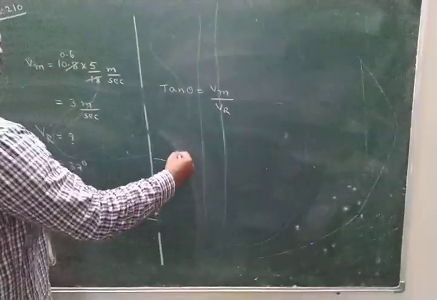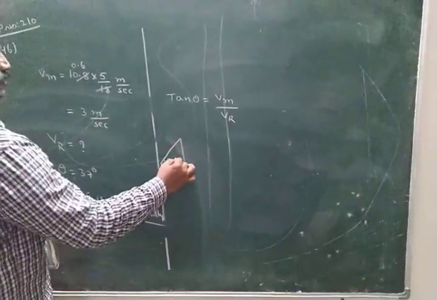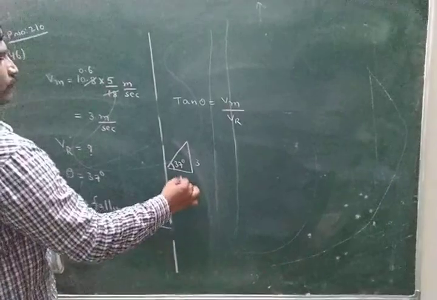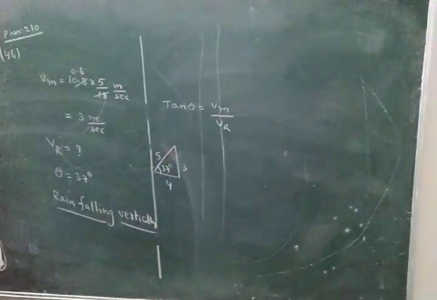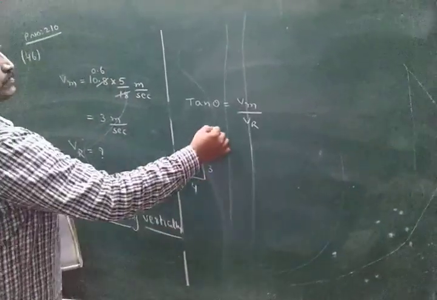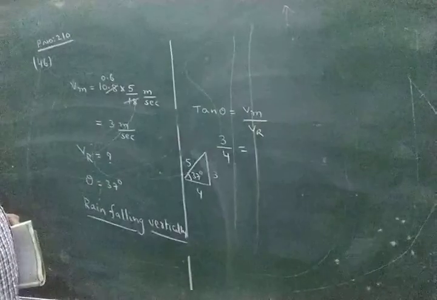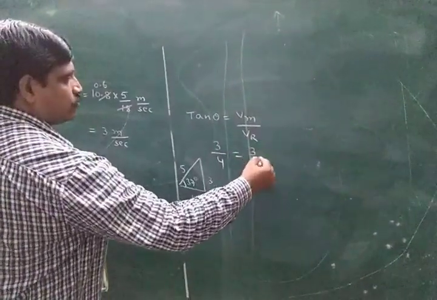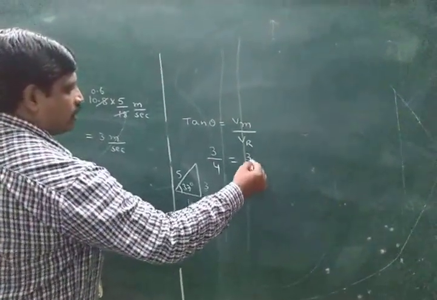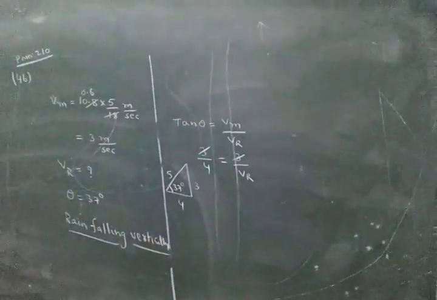We know the 37 triangle. This angle is 37, opposite 3, adjacent 4, hypotenuse 5. What is tan 37? Opposite by adjacent, simply write 3 by 4 equal to Vm by VR, Vm value is 3. Find VR. Cancel. What is the final answer of VR? 4.